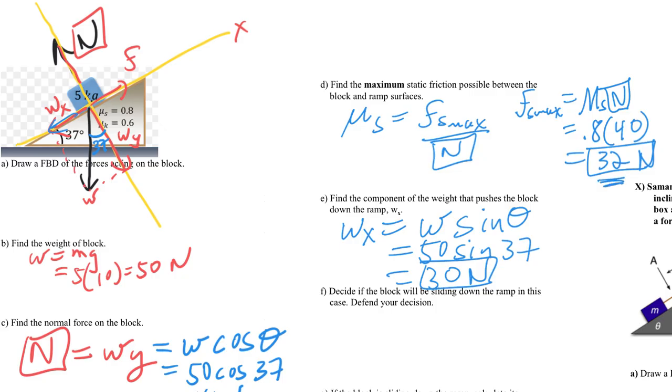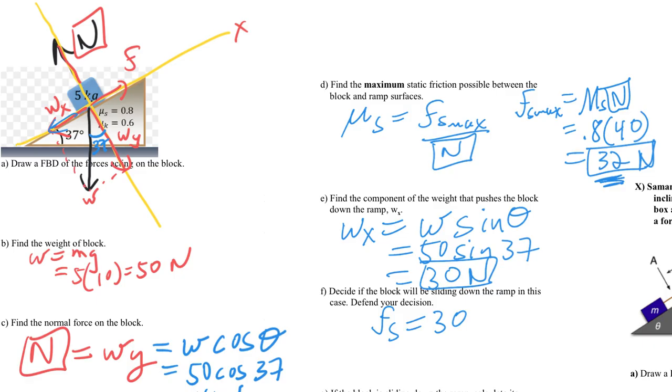So basically, you have not hit the threshold to slide. So the static friction will equal 30 because Wx has not pulled past 32.